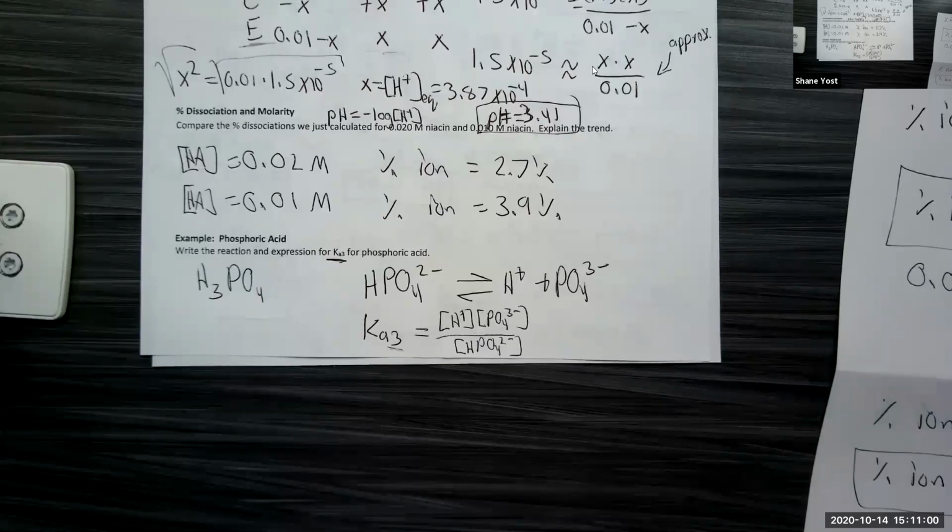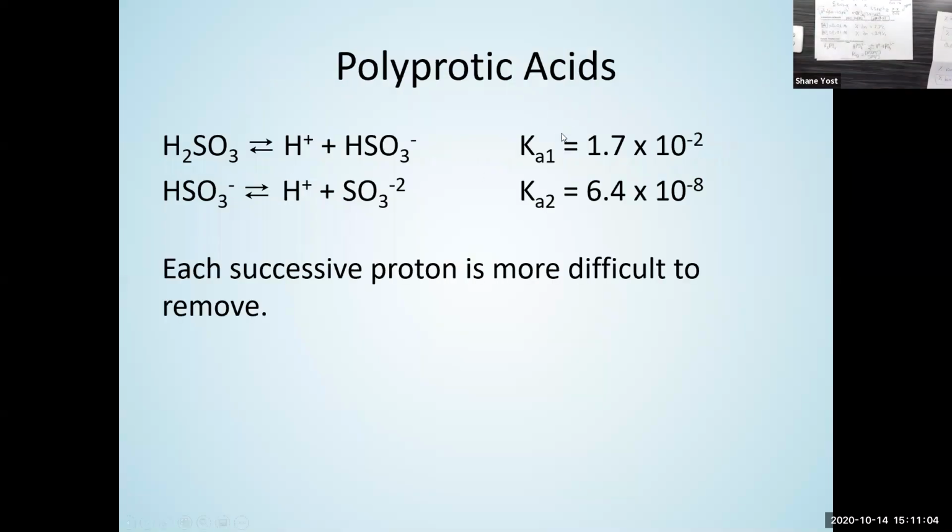So that is what those Ks are referring to: K1, K2, and note that the Ka values get smaller and smaller for each successive proton you donate, because it gets harder and harder to remove protons as you keep removing more and more of them. You see here H2SO3 is fairly happy to give up its first proton, with an equilibrium constant of 1.7 times 10 to the minus 2. Still kind of a small number, but not that small.